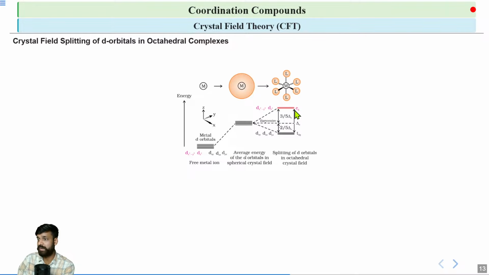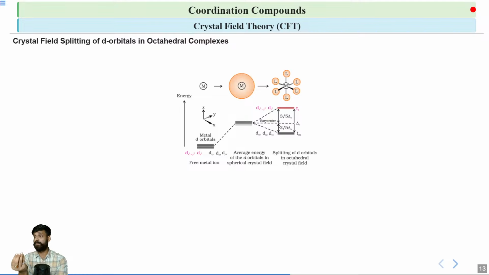Now there is a question: why are dz square and dx square minus y square more energetic than the others? This basically depends upon the approach of the ligand. In case of an octahedral complex, this is very peculiar, so listen very carefully. Your octahedral complex has the approach of ligands along the axis. Okay, now what is along the axis?